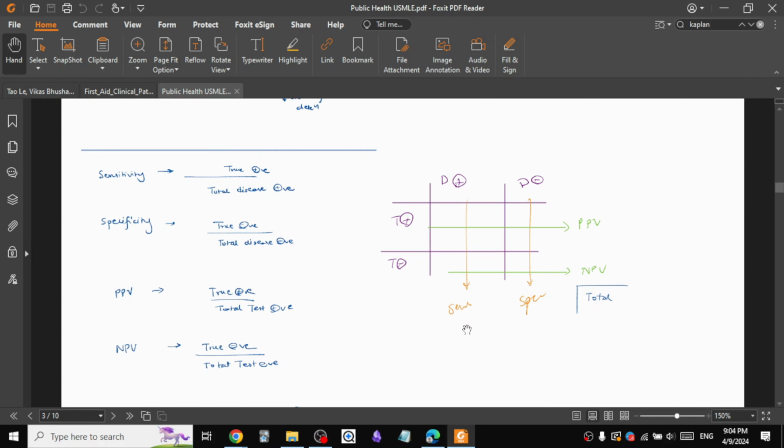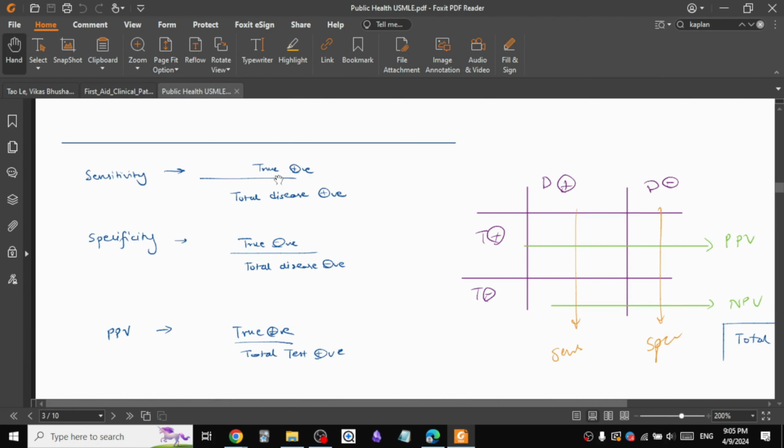Total disease positive. So this means I have true positives and I have false negatives, right? Who are false negatives? I have identified them as negative, but they actually have the disease. So TP over TP plus FN. If you always get confused between where is FN, where is FP, what is actually a false negative, false positive, just remember this proportion I've shown you here: true positive by total disease positive.